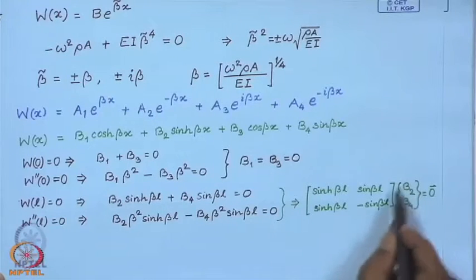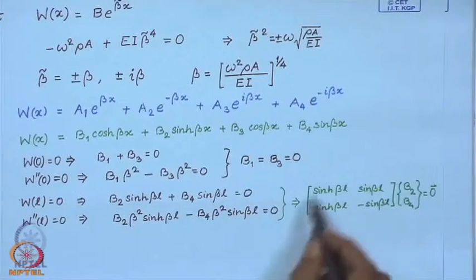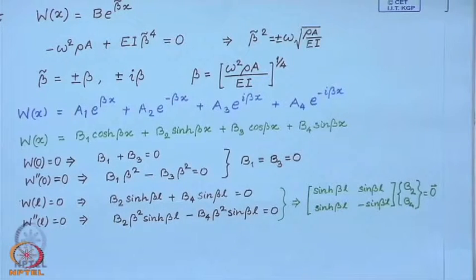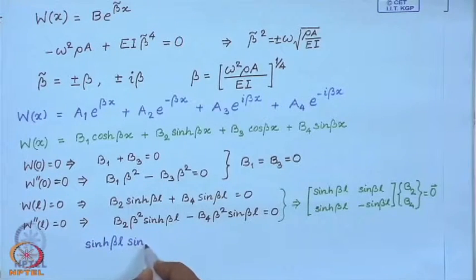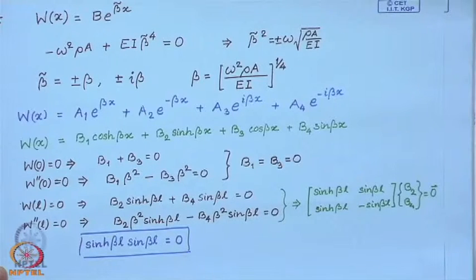So, if we want to have non-trivial solutions of b 2 and b 4, then the determinant of this matrix must vanish, and that will give us the condition. So, the determinant of this is minus 2 times, and that must be 0.